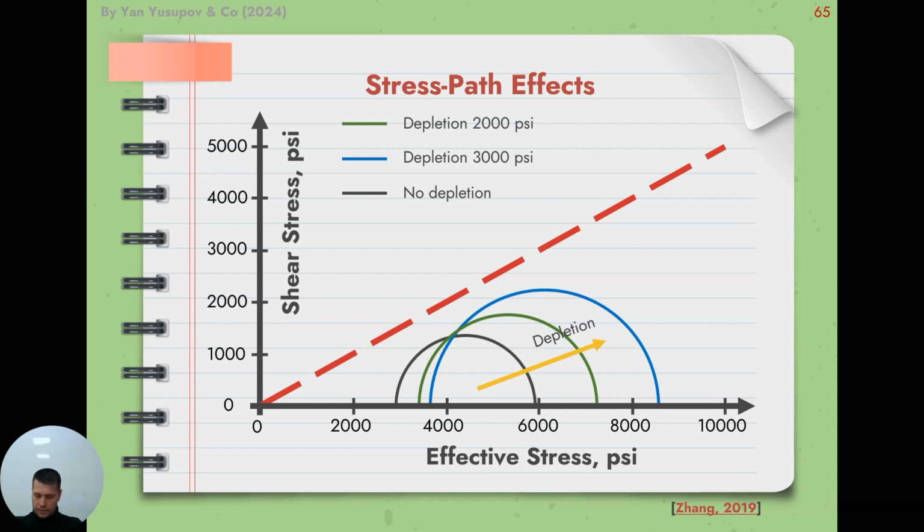The smallest Mohr circle in the figure represents the initial effective stress state before depletion. The largest Mohr circle has a pore pressure after 3000 psi of depletion. In either case shown in the figure, the Mohr circle grows and approaches critical stress with continued depletion.